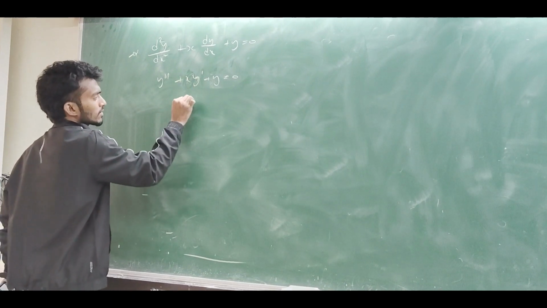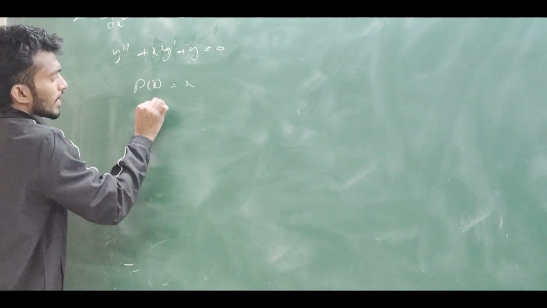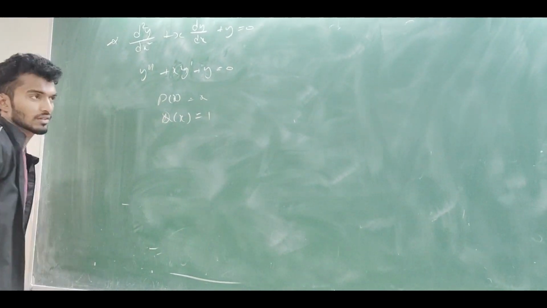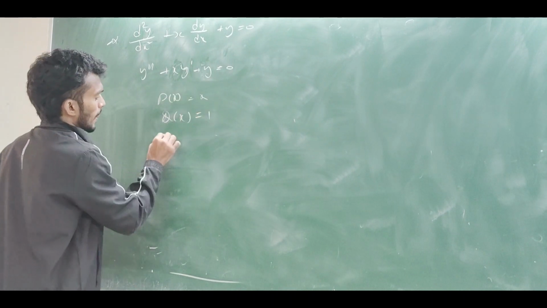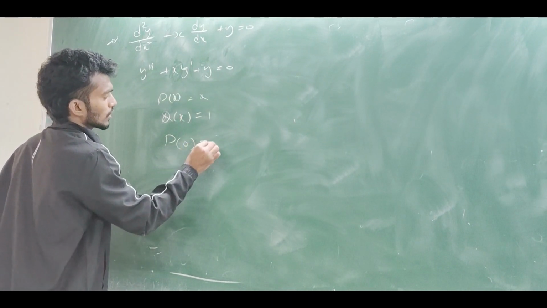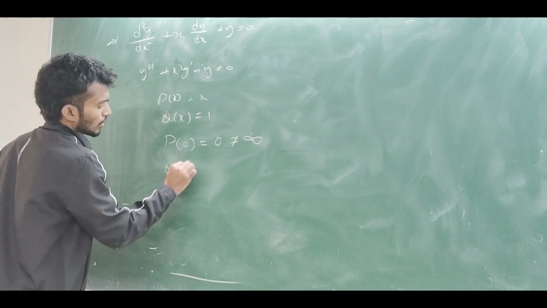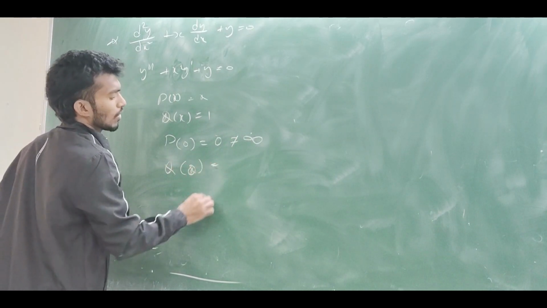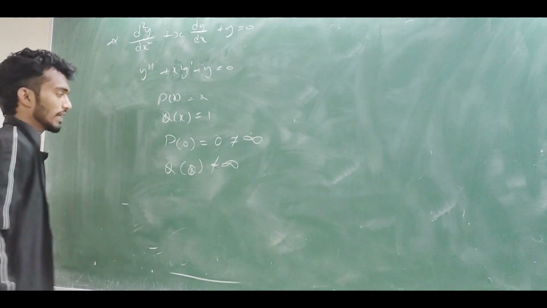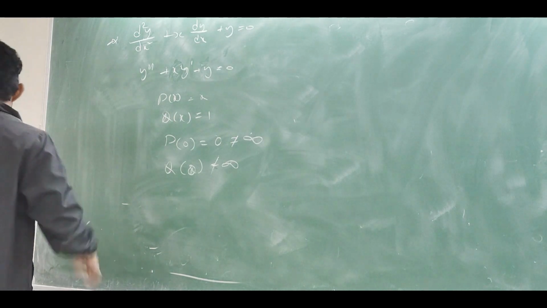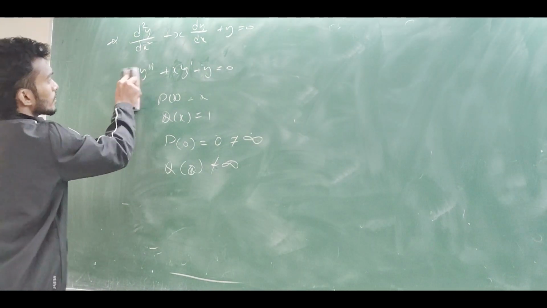Here p of x is x and q of x is 1. So at x equal to x naught, that is 0, p of 0 is equal to 0, a finite value, and q of 0 is also a finite value, not infinite, right? So we can move on to find the solution of the given equation.